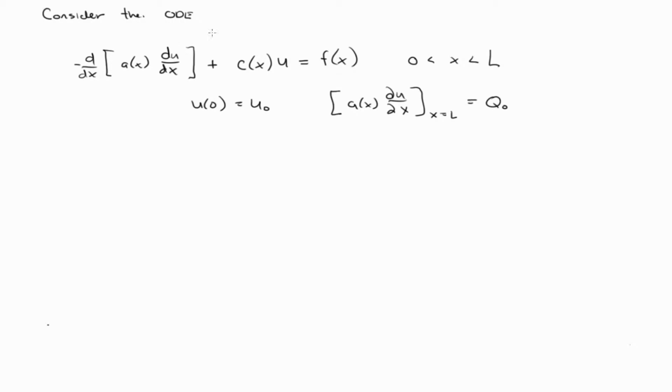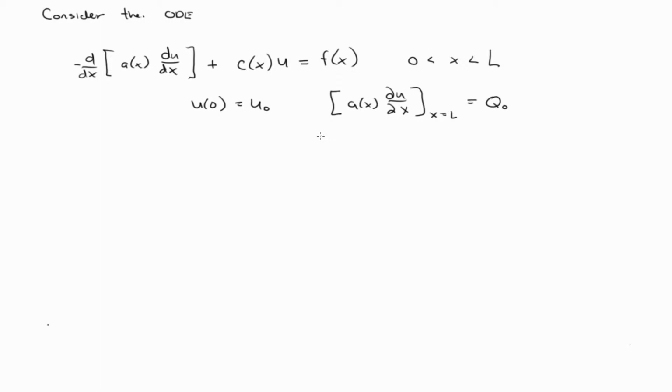So we'll just focus on trying to solve this. And in fact, on your next homework, you'll solve this in general. But then if you just turn off some of those coefficients, you have a sort of general purpose ODE solver for this type of equation in one dimension. Okay.